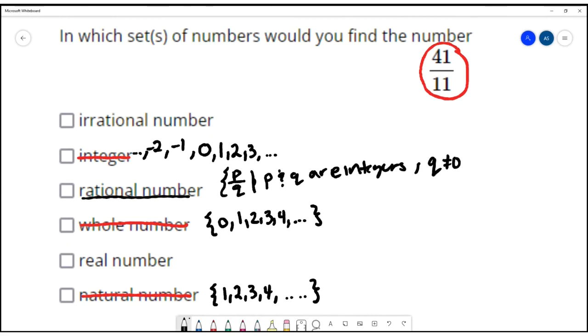The denominator is not 0 because division by 0 is undefined. So we do have a fraction, and our numerator and denominator are integers. So we do have 41 over 11 being a rational number.